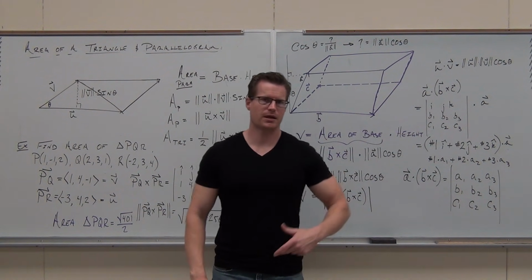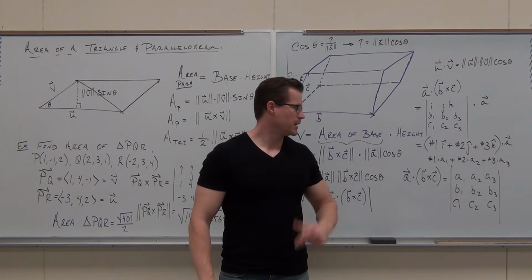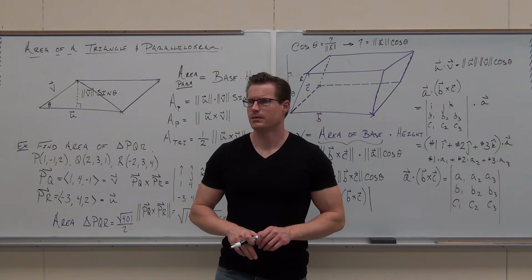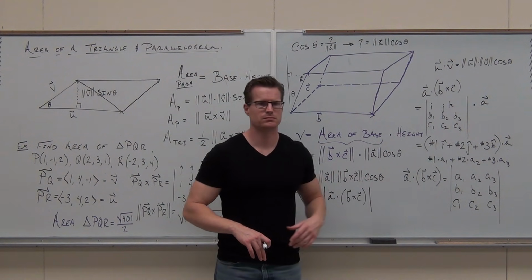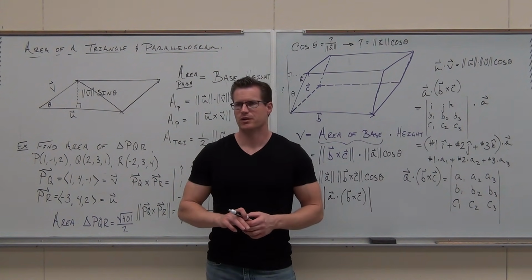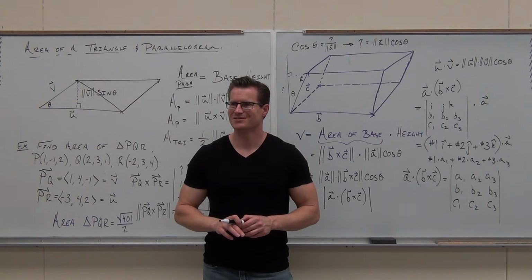Replace i, j, and k with a1, a2, and a3, and you save yourself the headache of a dot product at the very end. And you do it exactly the same way you do any other 3x3 matrix determinant. Isn't that kind of cool?